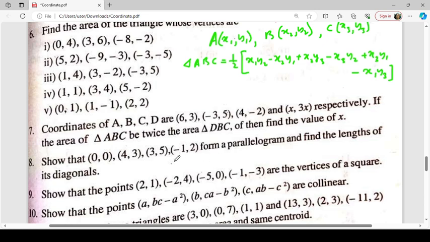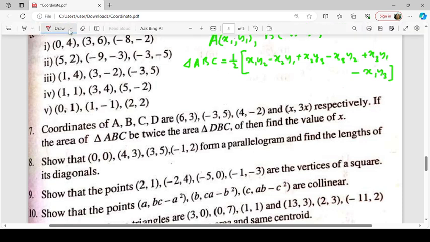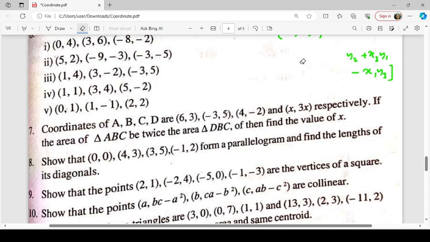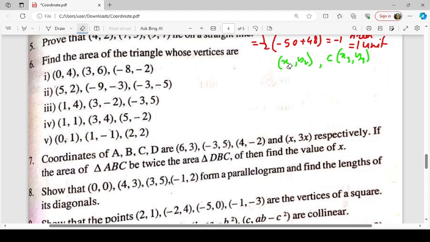Parallelogram means opposite sides are equal. So A, B, C, D, we find all this, and actually if we plot the points, it will be more clear.